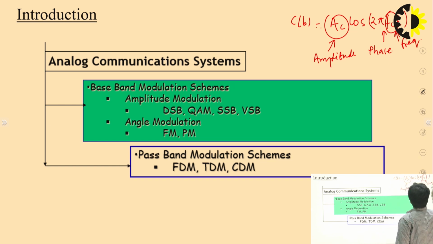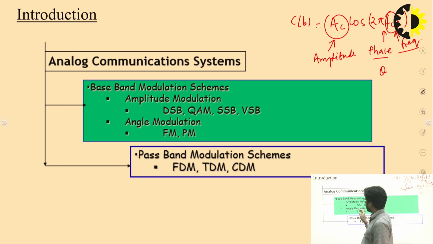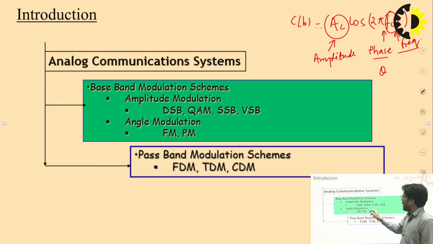If I write the phase as theta i, you can change the phase by changing the frequency as well. So you have two modulations in angle modulation: the first one is phase modulation and the second one is frequency modulation.